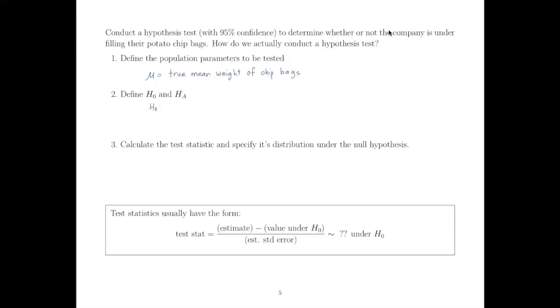So remember, null hypothesis, I usually write as H0, and the alternative hypothesis, I usually write as HA. The null hypothesis, H0, is usually the thing that we assume to be true. There's usually an equal sign involved. In this case, there's this hypothesis that mu is 50, right? So that's making the assumption here.